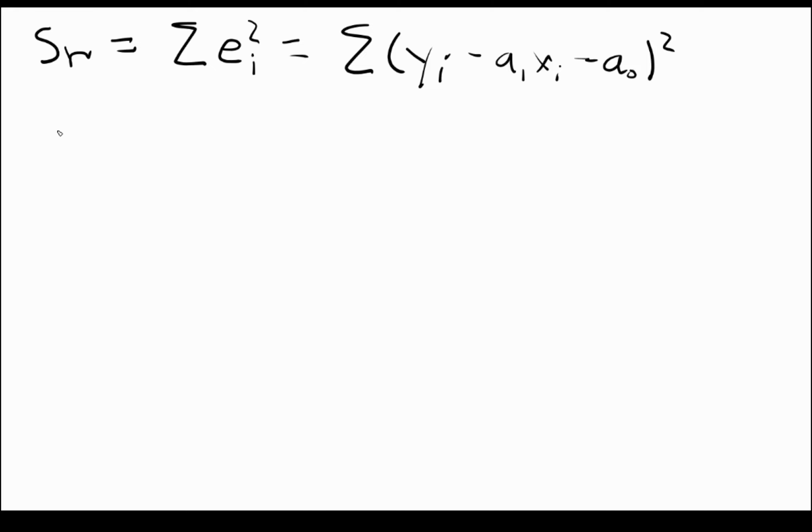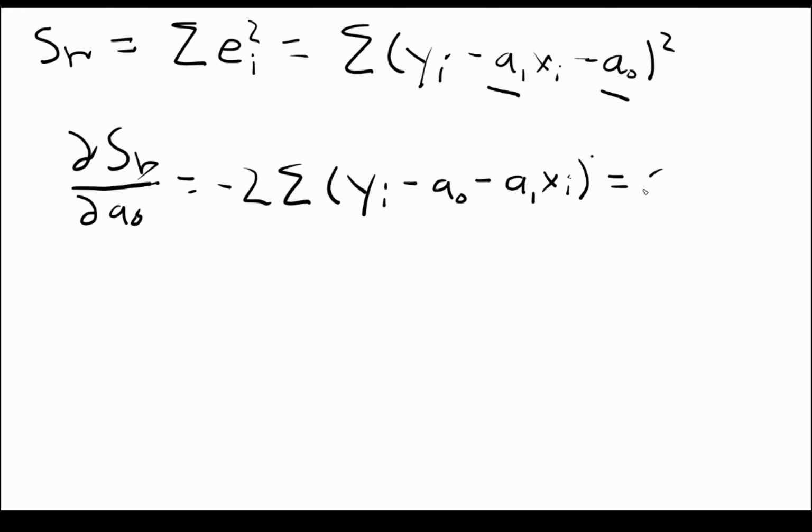So to minimize this, we'll simply take the partial derivatives with respect to the two values that we're interested in finding, and we're going to set both of those partial derivatives to 0. So we'll take the partial derivative of S sub r with respect to a0.